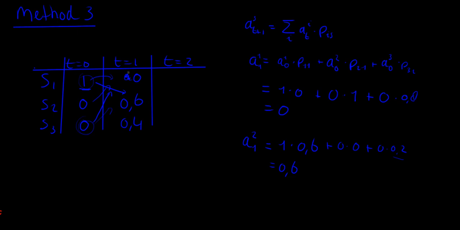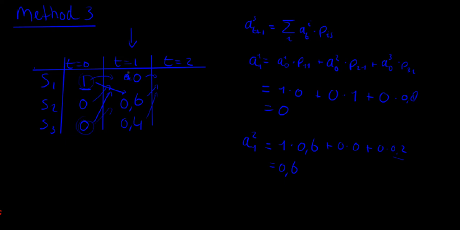Now we do the same thing again, but we're looking at just this column. For state 1, we get 0 multiplied with 0. We get from state 2 to state 1, it's actually a 1. Plus from state 3 to state 1 is 0.4 multiplied with 0.8.